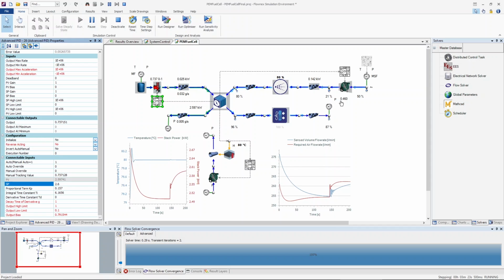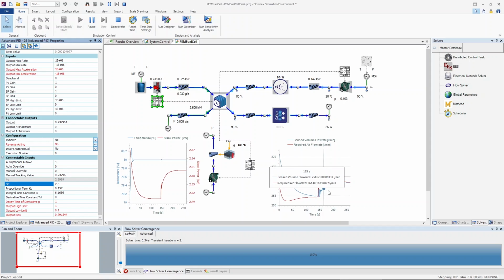So from a behavioral perspective, this is very important to understand how the fuel cell will react, and Flownex makes it very easy to understand the behavior of such a system, and a more detailed design can then be implemented using this model to meet the requirements of a specific application.